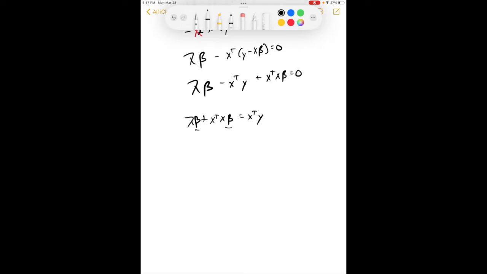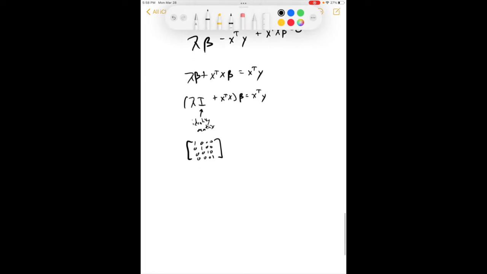Now we want to factor the beta out, but this lambda here is a scalar, so when we factor it out, we're going to get lambda times I, where I is the identity matrix, which of course looks like ones on the diagonals and zeros everywhere else. Okay, so we have lambda times I plus x transpose times x, beta is equal to x transpose y.